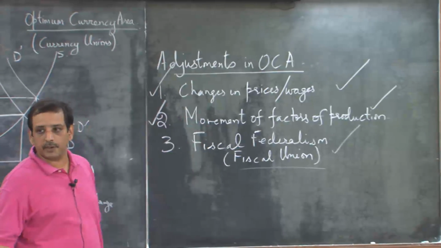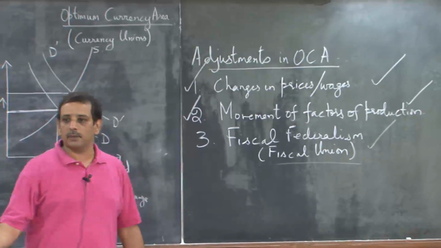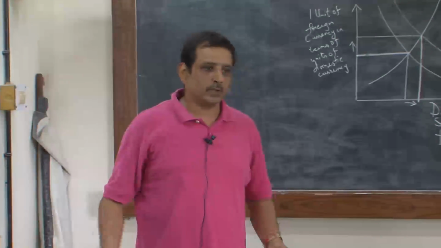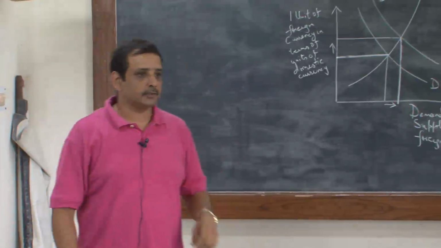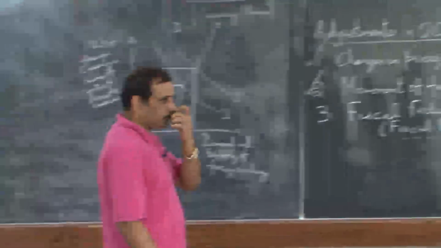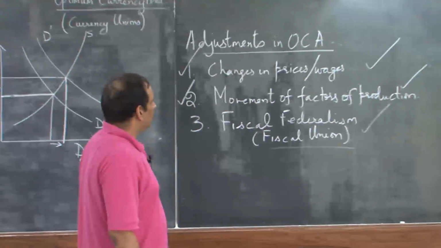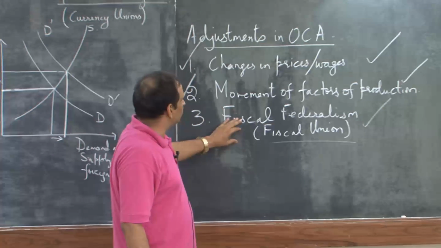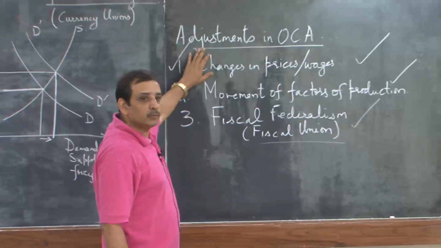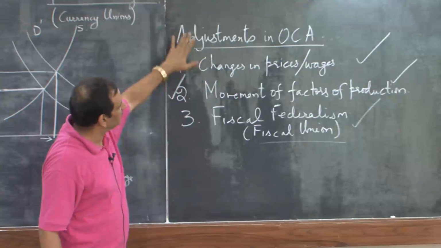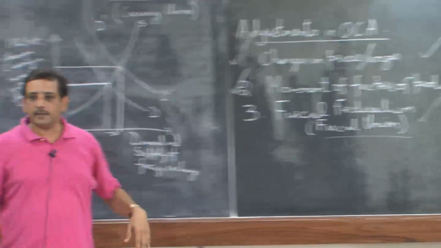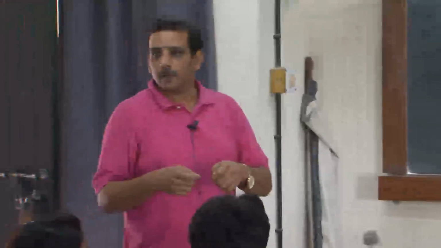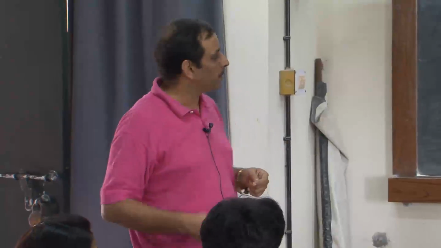You may be born here in UP, but if you get some work outside the state of UP, you can easily move. There are no such restrictions. You may have a fiscal union, you may have these price movements, and if you don't find this, then you can always argue that, okay, let's have our own currency.